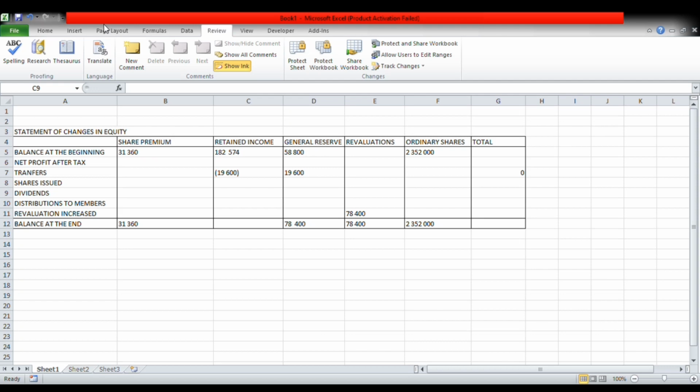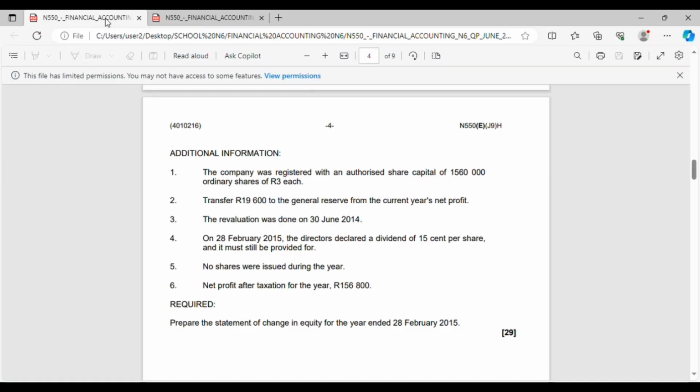So let's go and check that additional information. Here's additional information number 4, where it says on 28 February 2015 the directors declared, and I told you that the word declared means that we are going to calculate the DOS, dividends on ordinary shares. So a dividend of 15% was issued and it must be provided, so it must be recorded as follows.